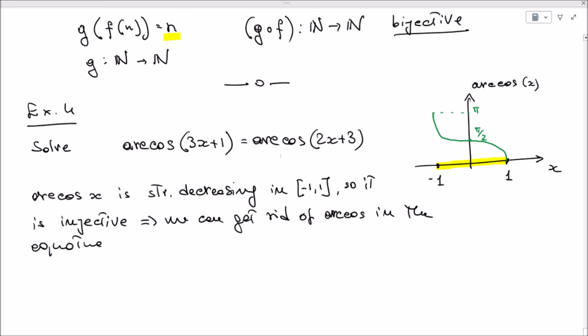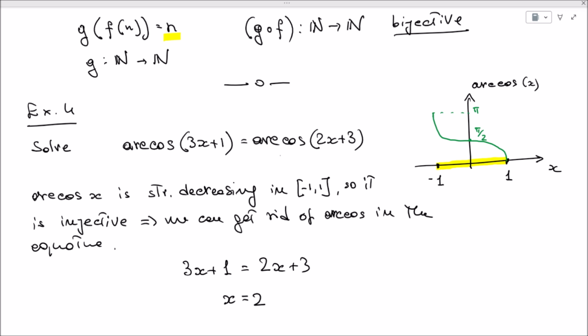In other words, instead of having arc cosine on both sides, we can just solve 3x plus 1 equal to 2x plus 3. Unfortunately, when solving this equation, we can easily find that x is equal to 2, right?